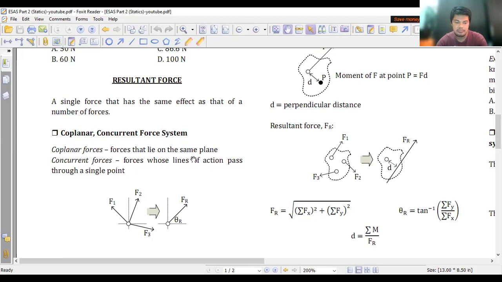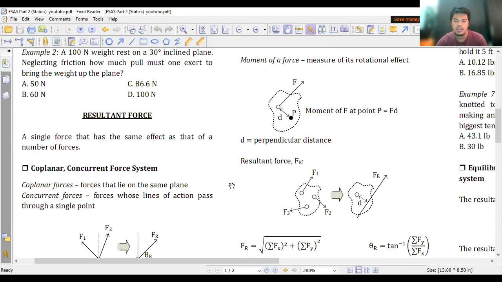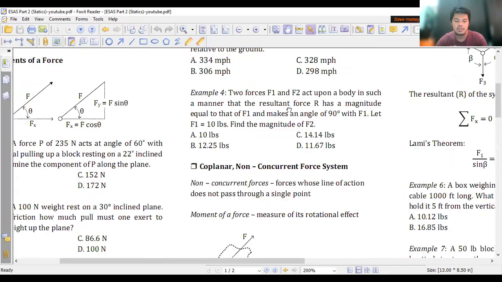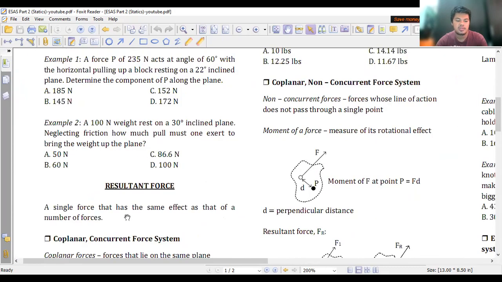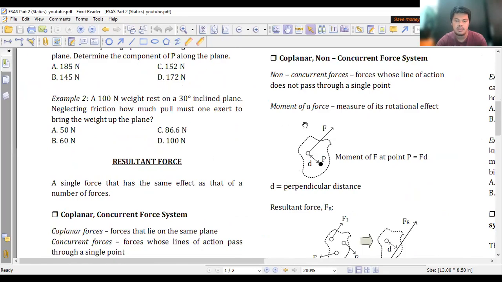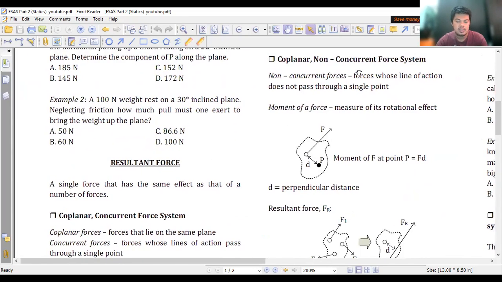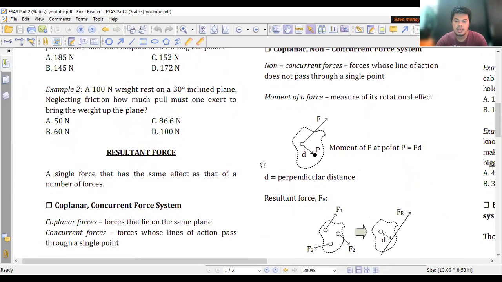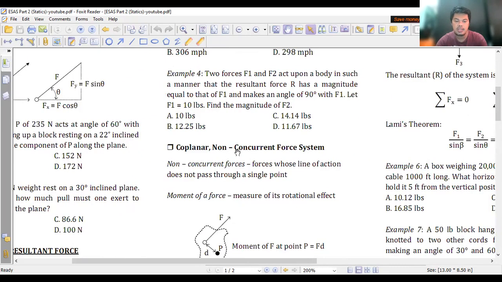So when you say coplanar, take note, coplanar means on the same plane. Concurrent means the forces have a common point. Whereas the second type, the non-concurrent force system, consists of forces that do not have a common point.